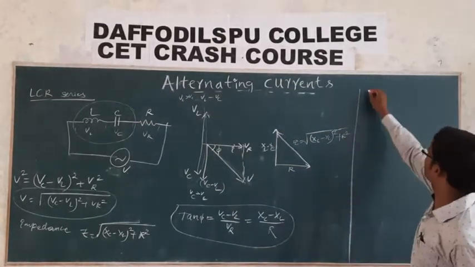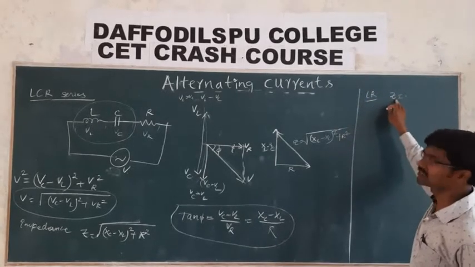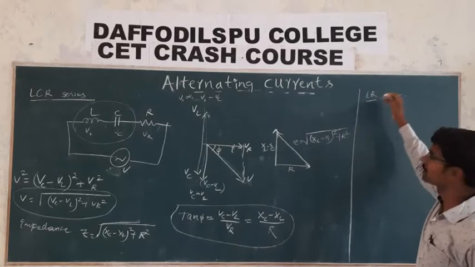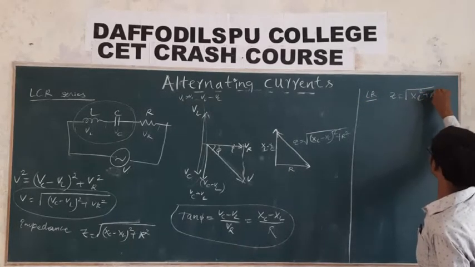Now remember, for example, if it is an LR circuit, what is the impedance? Except for the capacitor, the remaining gives Z equal to the square root of XL square plus R square.